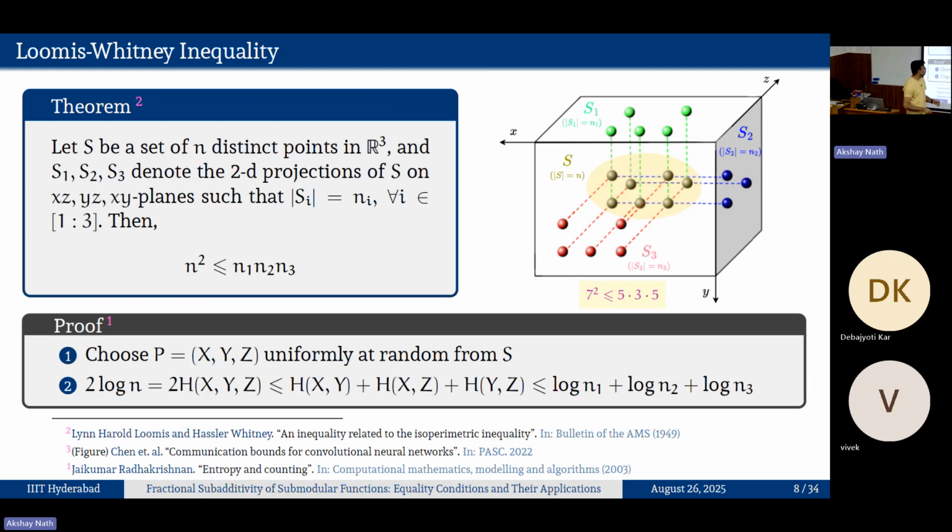It's no longer called the Loomis-Whitney inequality, and I forgot what the inequality is called in higher dimensions. If I have points in a d-dimensional space, I can look at the projections onto d-1 dimensional spaces and apply this inequality. You'd get n to the d-1 is at most the product of the cardinalities of the projections.